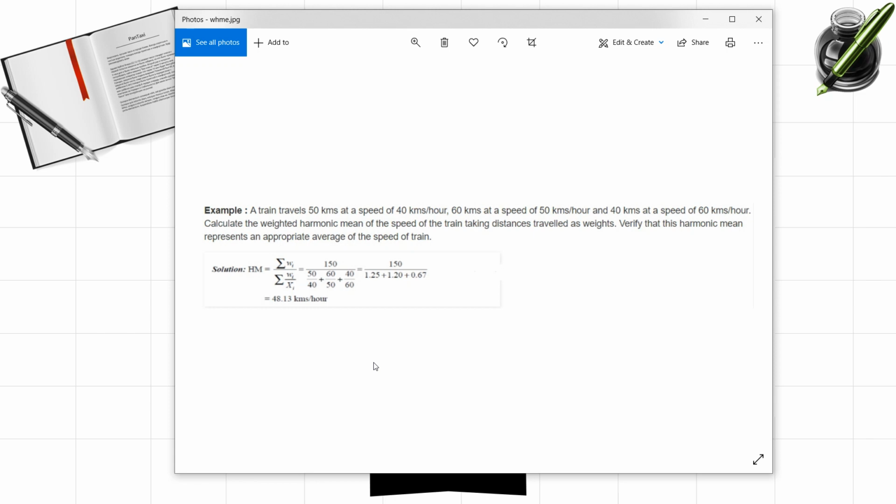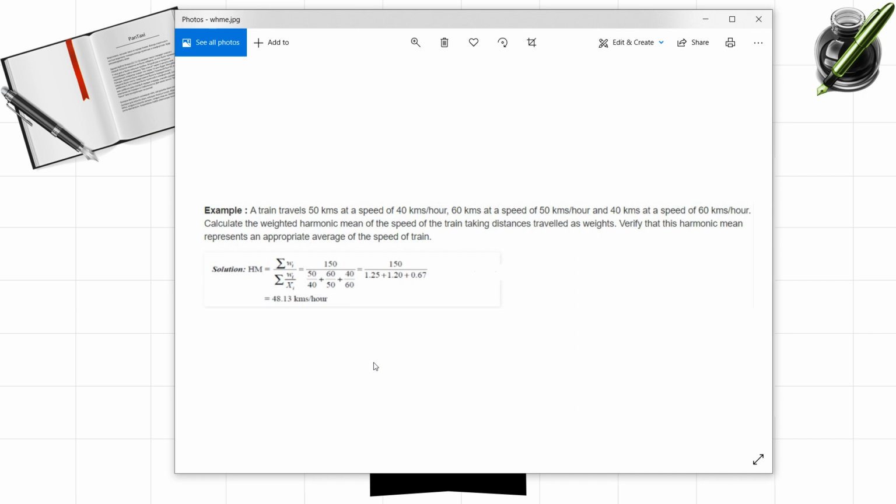That is, weights are 50, 60 and 40 respectively. And the observations are speeds, that is velocities v1, v2, v3, where 40, 50 and 60 are the velocities of the respective weights.